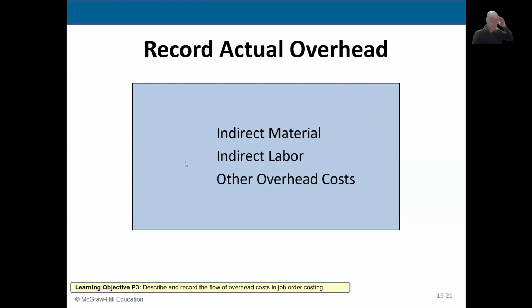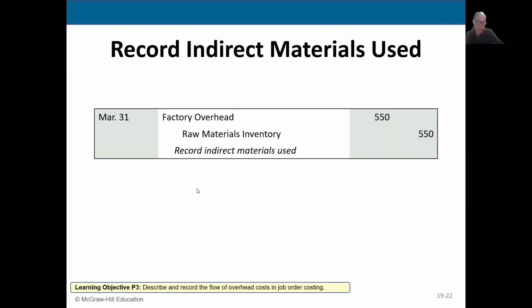Now, when the actual amounts come in, I need to reconcile. I need to record the actual overhead for indirect materials, indirect labor, and other overhead costs. And to do that, I debit factory overhead and credit raw materials inventory. What it does is it adjusts for indirect materials used.